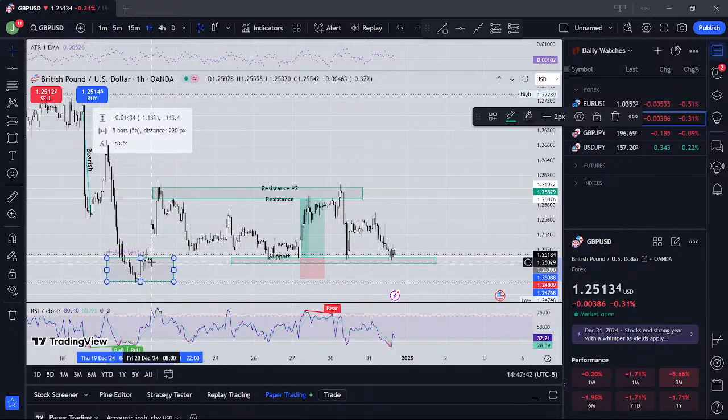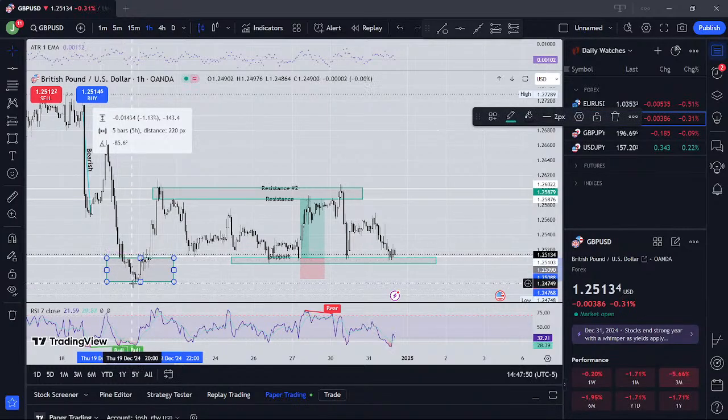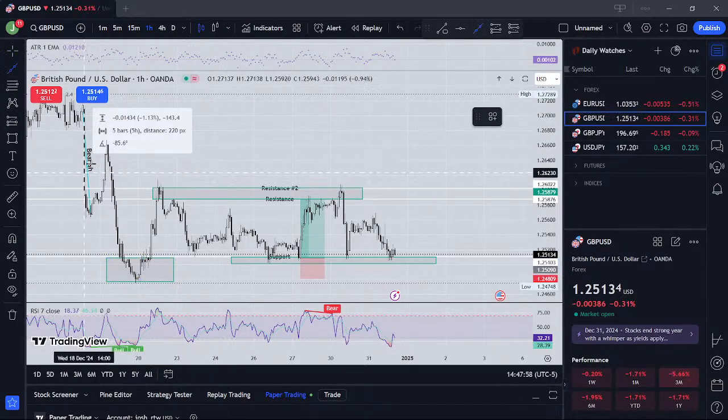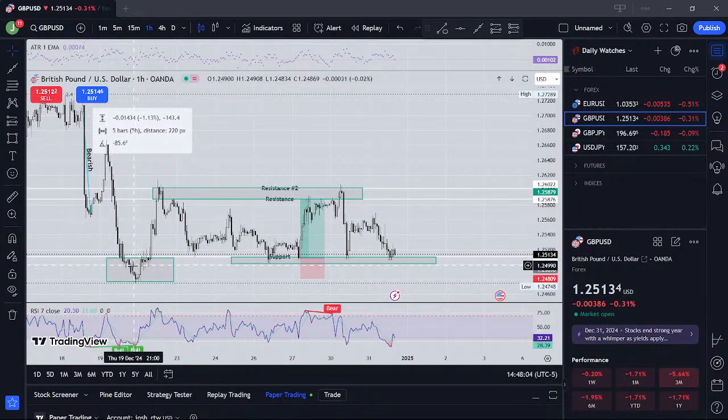The market went here. Wow, this is a big bearish move. So the market went down very much here.